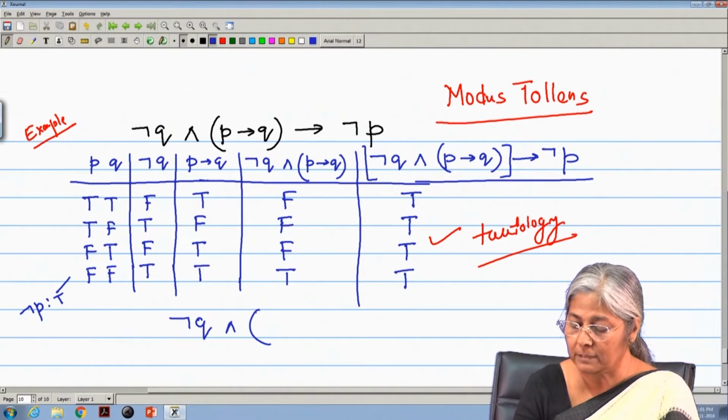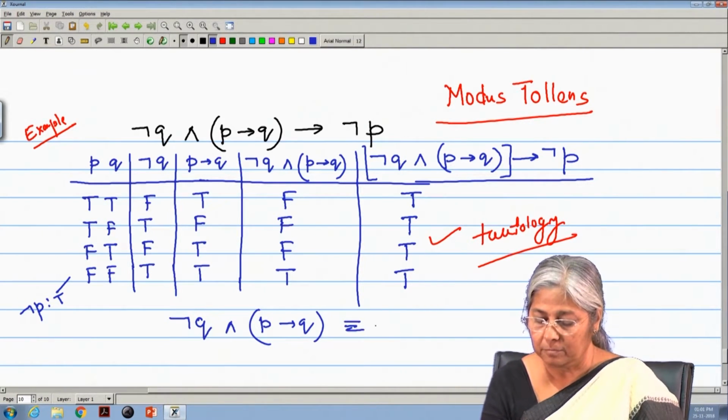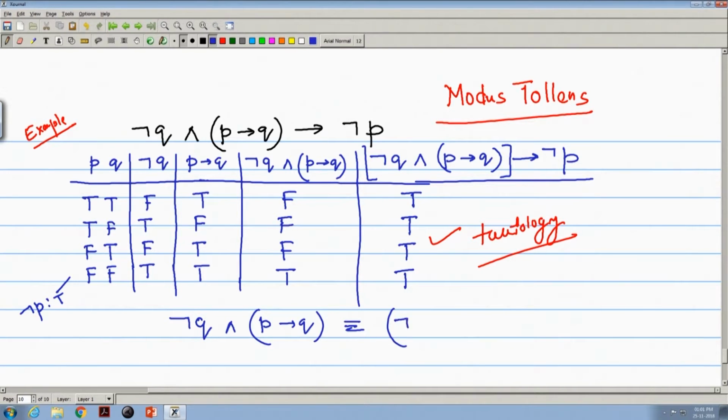This is P implies Q. So, this is equivalent to negation Q and negation P or Q. Sorry, this is the AND, this is AND.